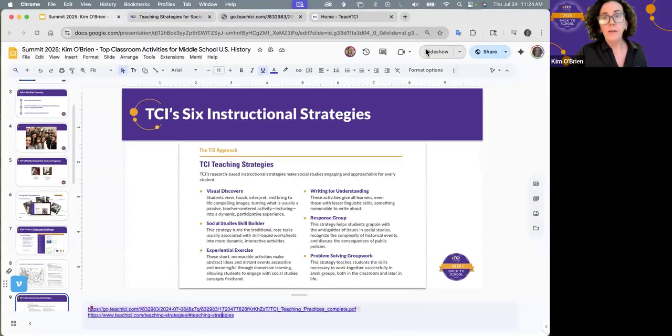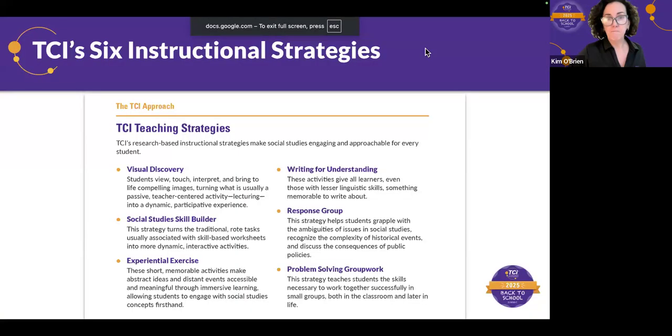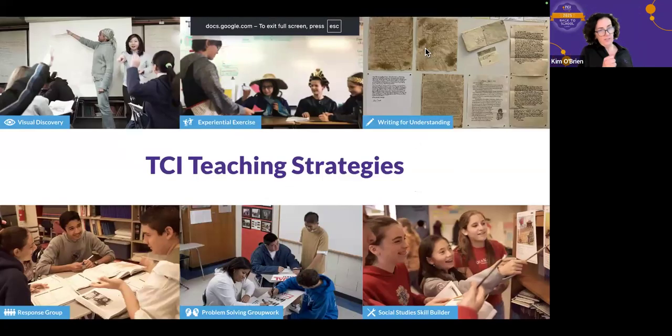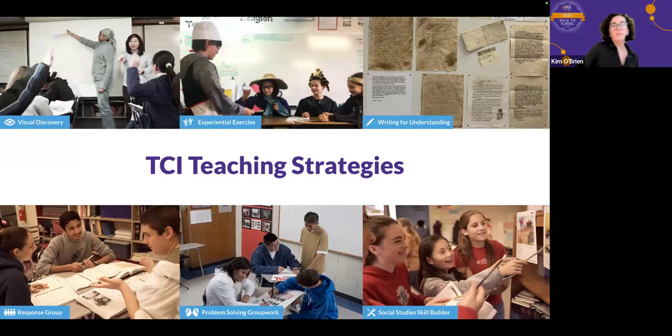If we go here, are all 6 just in a nutshell. I'm just going to do a little blurb for each. Visual discovery: they're going to be interacting with a really vibrant, important image from the content, answering questions, maybe interviewing somebody in the image, that sort of thing.